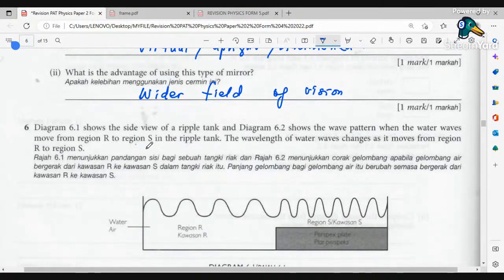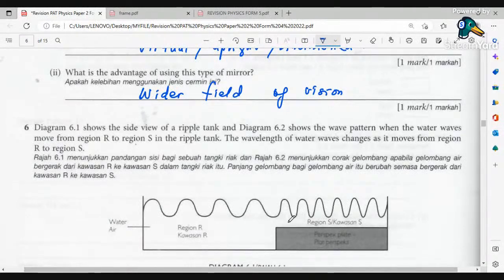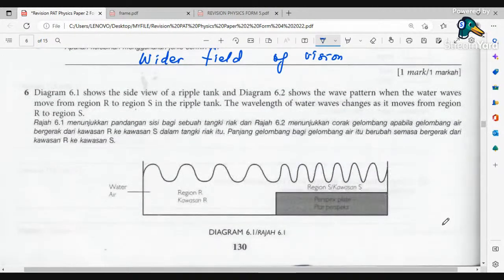Okay, number 6. Diagram 6.1 shows side view of ripple tank. And diagram 6.2 shows wave pattern when water wave move from region R to region S in ripple tank. Wavelength of water wave changes as it moves from region R to S. Okay. Ini deep region. Ini shallow.